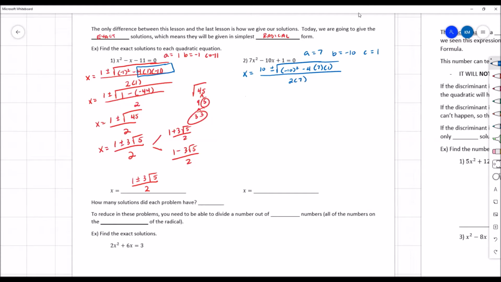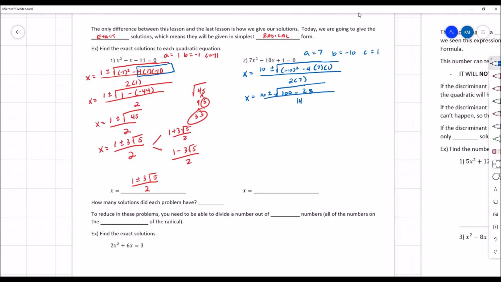So x equals 10 plus or minus the square root of 100 minus 28, over 14.